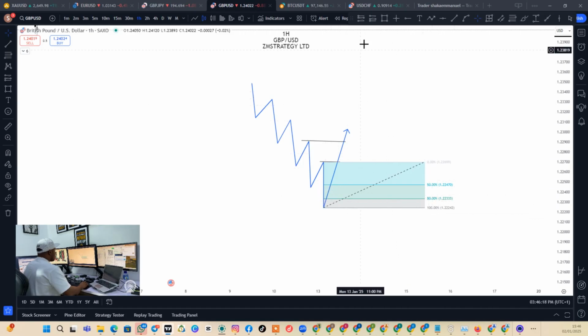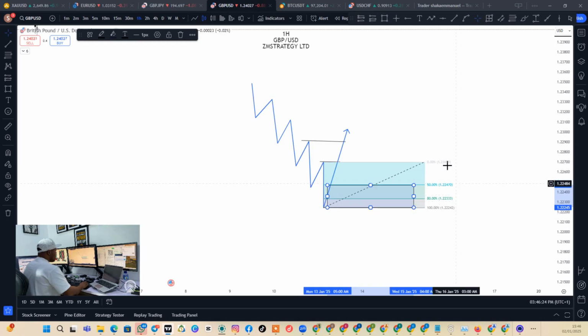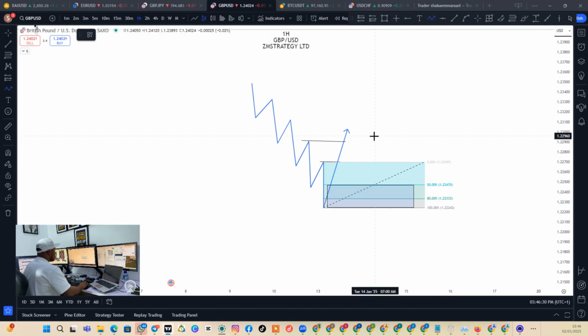They're looking for a buy opportunity between the 50% level and the 80% level. So they wait for the market to come down to this level, look for a confluence, then take a buy trade targeting this high as the final take profit.